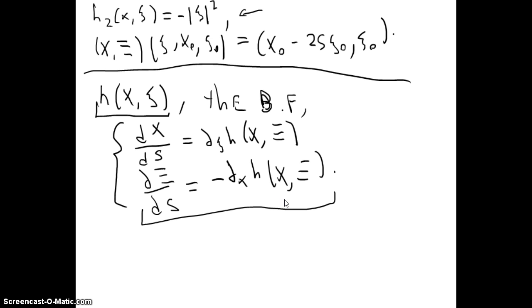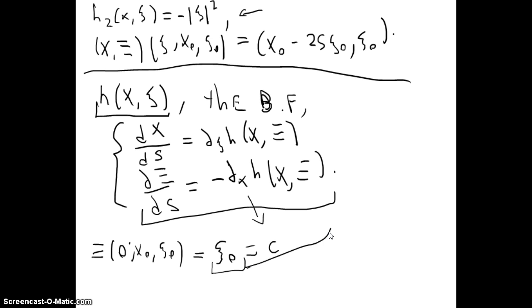Okay, and when you have in this differential equation a constant, applying the initial condition, Psi will have to be equal to xi naught, and so the constant must be xi naught, because this h doesn't depend on x.